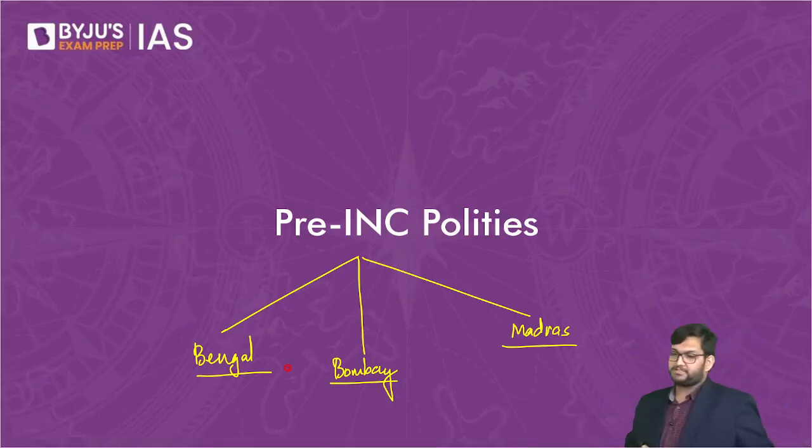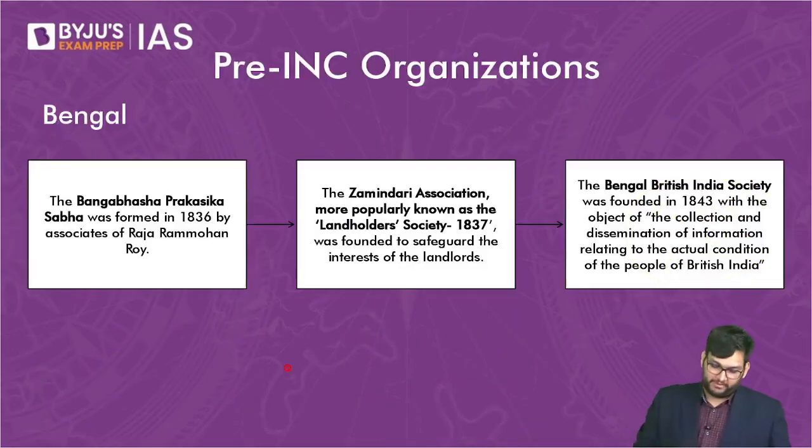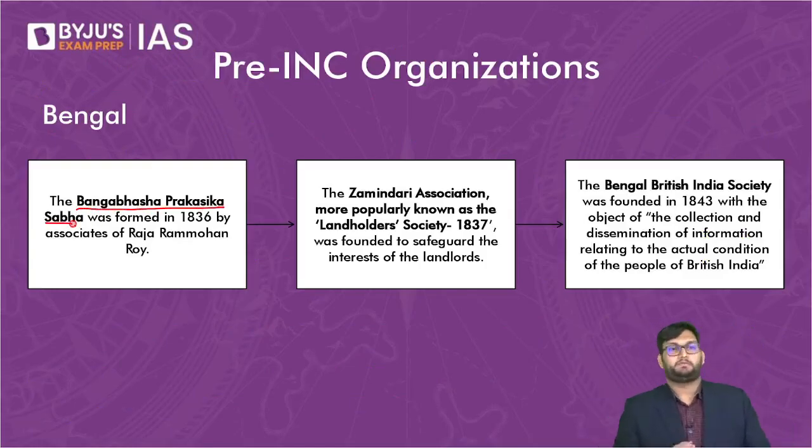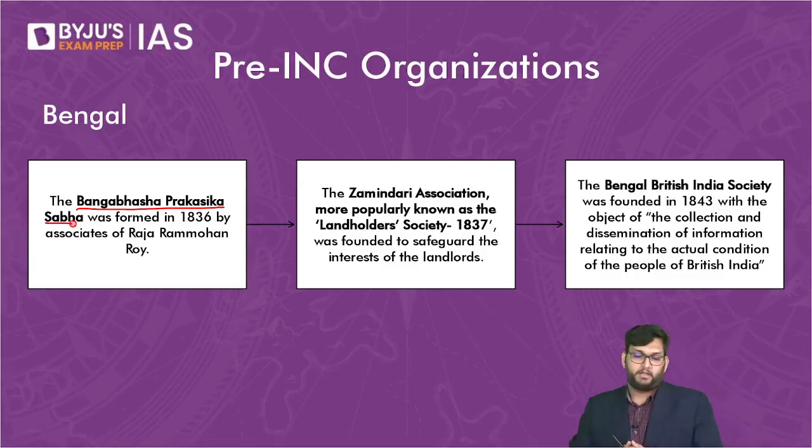The first organization which actually developed in Bengal is called the Banga Bhasha Prakashika Sabha, started by Raja Ram Mohan Roy's associates. Technically, Raja Ram Mohan Roy was dead, but his associates started it. Thereafter, the next year itself, a new organization developed, called the Landholder Society.